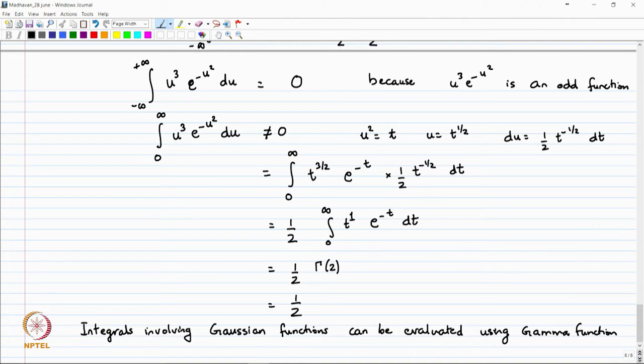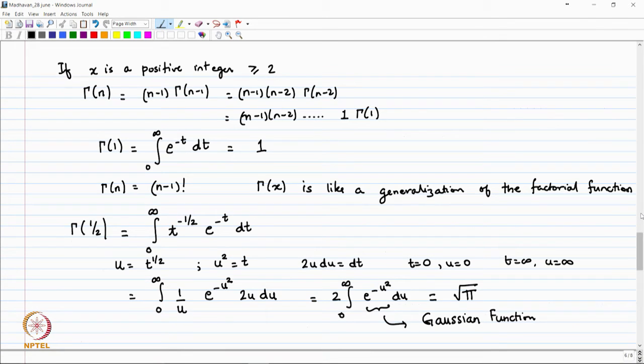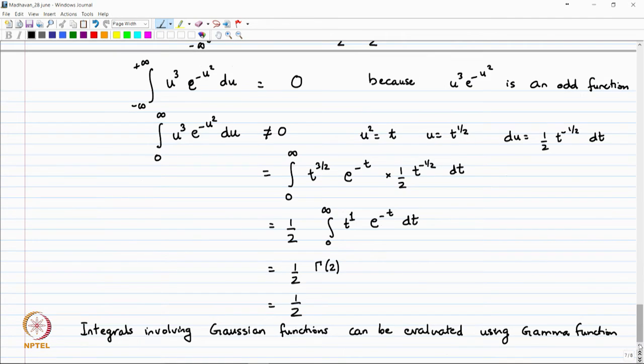Okay. Now, the last thing that I want to mention is the following. So, let us get back to this. What we saw right here is that integral e to the minus u square du from 0 to infinity is equal to root pi by 2.